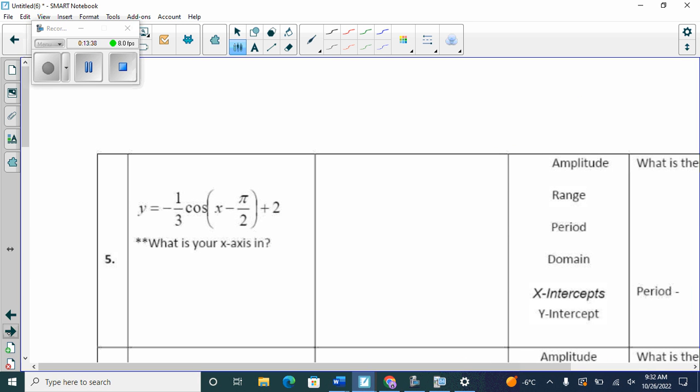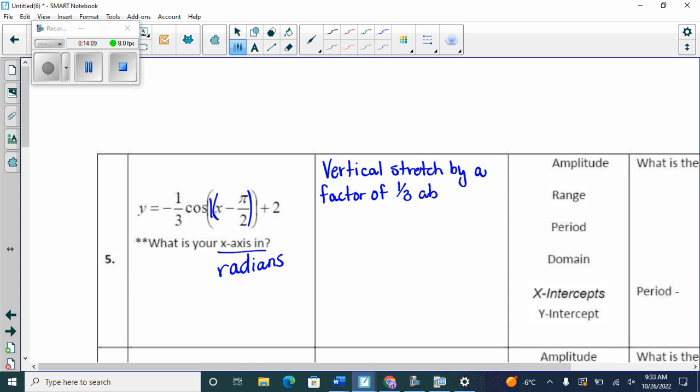Okay, this one, the only thing I don't have is a horizontal stretch. And my axis is in radians. So my domain has to be in radians, or my domain, yes, but my period has to be in radians. So I have a vertical stretch by a factor of 1/3 about the x-axis.